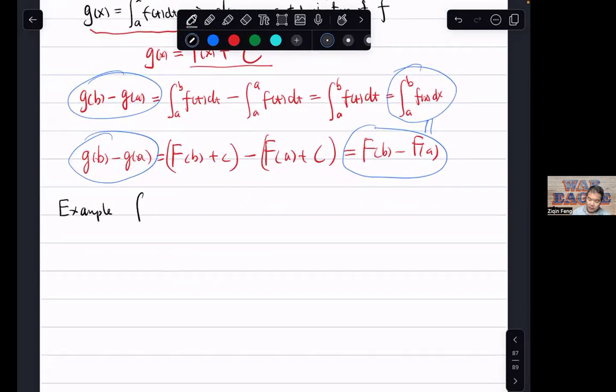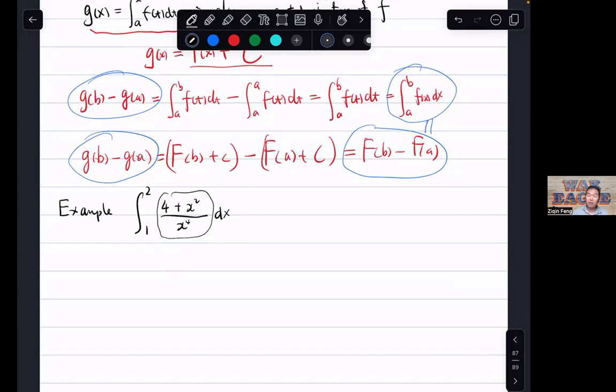We have the integral from 1 to 2 of (4 plus x squared) over x to the 4, dx. By the fundamental theorem of calculus part 2, all you need to do is figure out one antiderivative of this function. By our discussion about antiderivatives, we don't have any quotient rule or product rule.